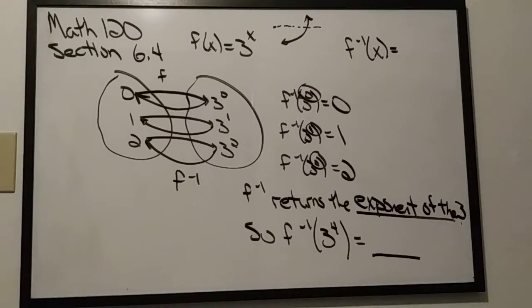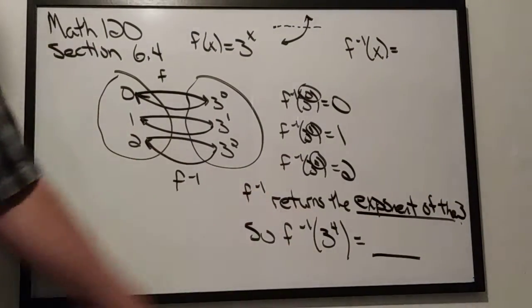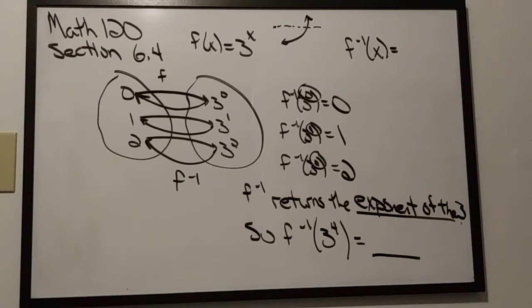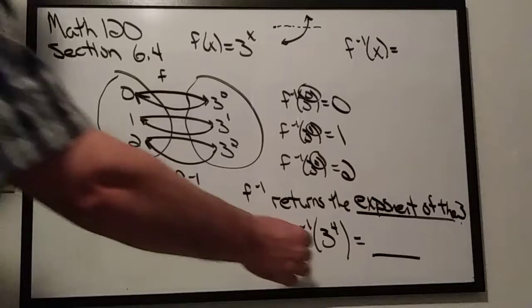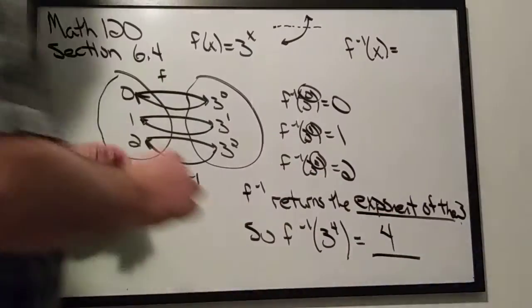So if that's the generalization in words, I can find f inverse of things that aren't even on this mapping. If I have the f inverse of 3 to the 4th power, I know that f inverse always gives me back the exponent on the 3. Well, the exponent on the 3 here is 4.